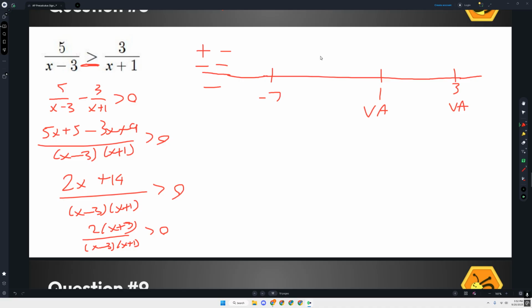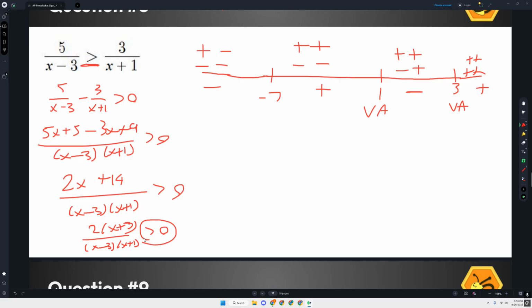Now we're going to test the number in between, which would be 0. So it would be positive, positive, negative, negative, which should be positive. From there, we're going to test another one between 1 and 3, which should be like 2, which should be positive, positive, negative, positive, which should be negative. And then we're going to test the number to the right, which should be 4, which should be positive, positive, positive, positive, which means positive.